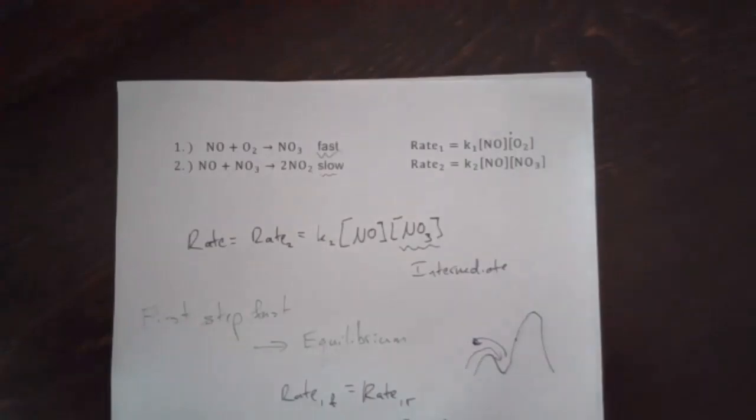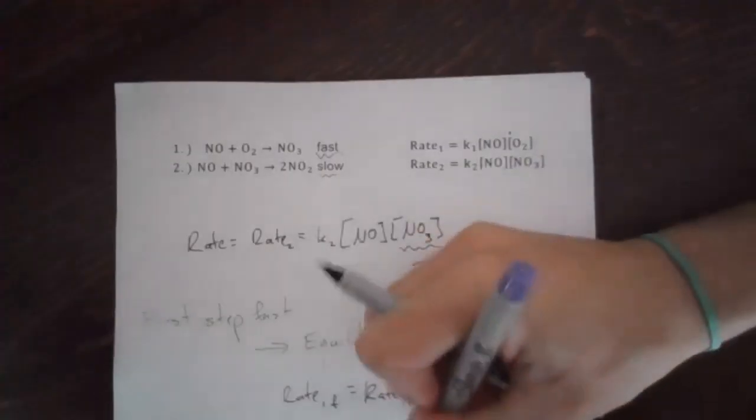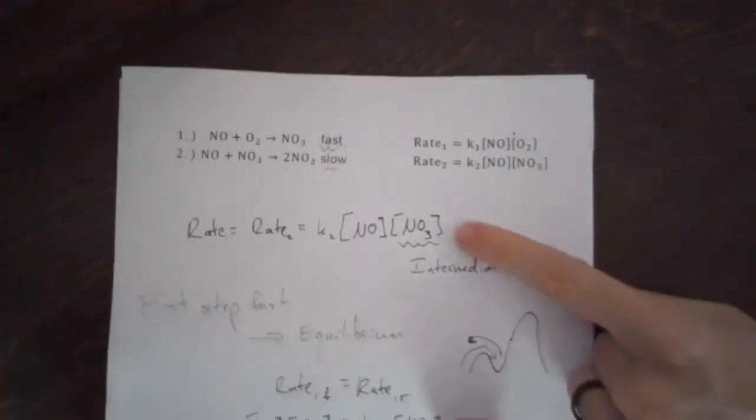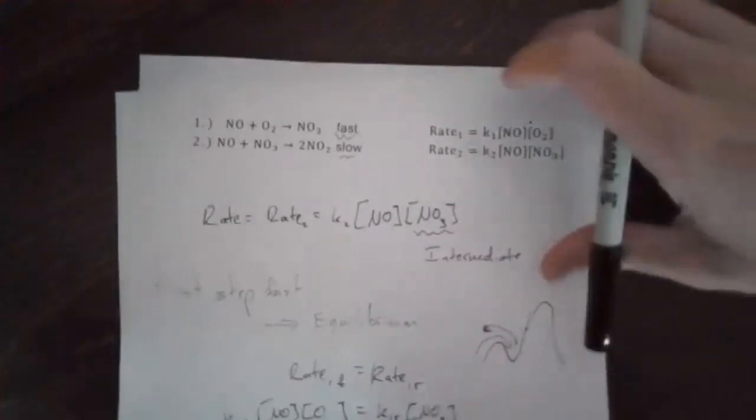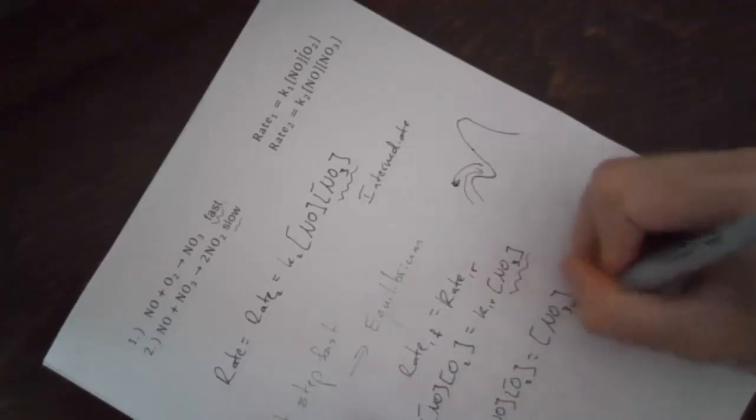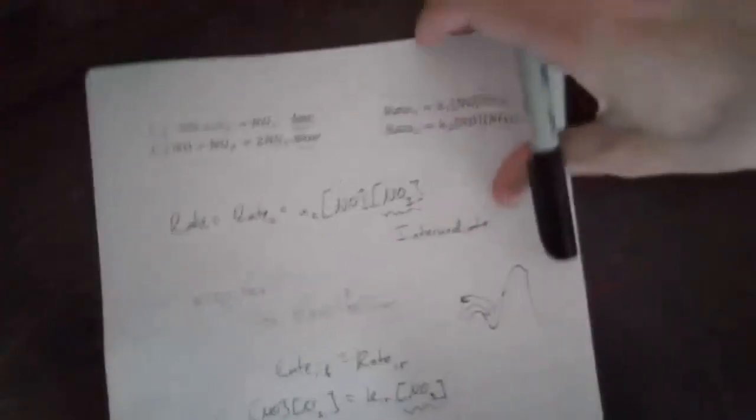The whole point of doing this is we have established an algebraic relationship, and we can see that the concentration of NO3 shows up in it. So we can rearrange this equation, and we get k1F divided by k1R times the concentration of NO times the concentration of O2 is equal to the concentration of NO3.